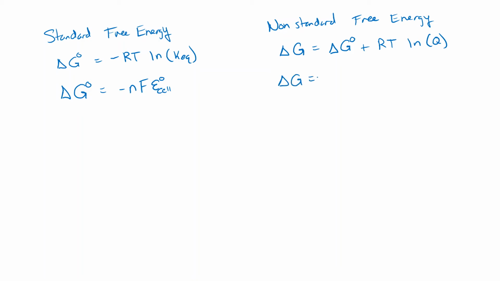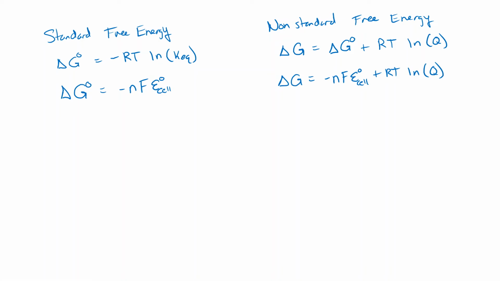And of course we can, because for delta G naught, our standard free energy, we have an equation that relates these two things together. So I'm just going to sub in negative NF times the standard reduction potential of the cell plus RT ln of Q. Okay, that's an equation, right?